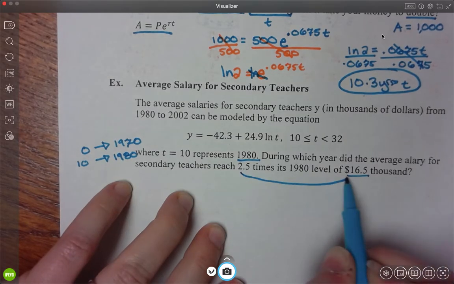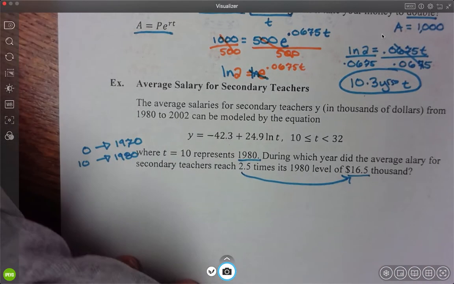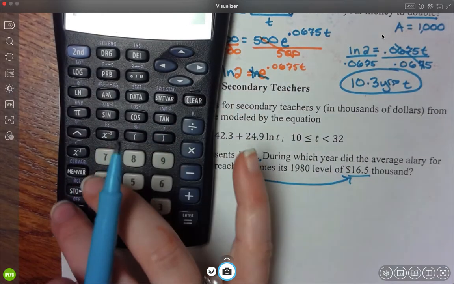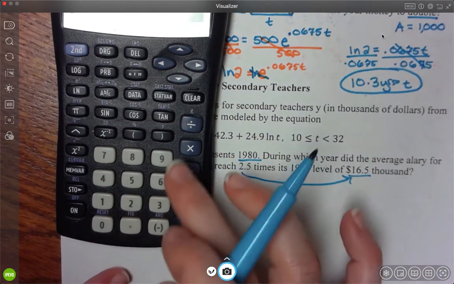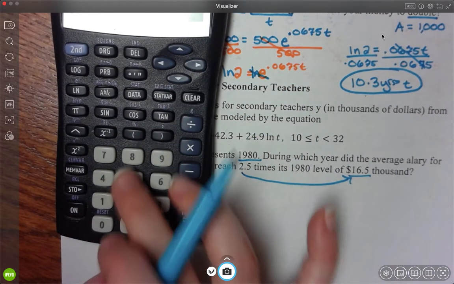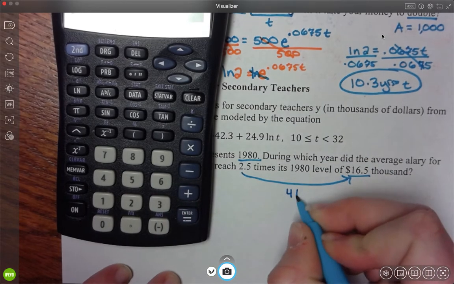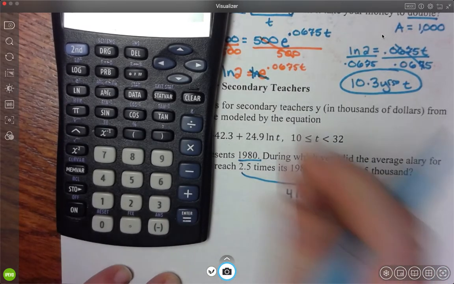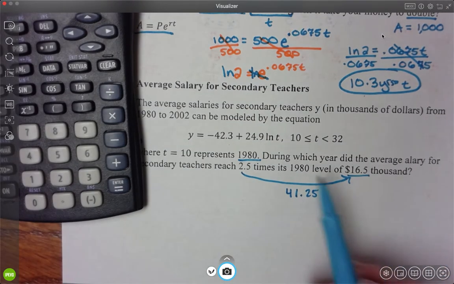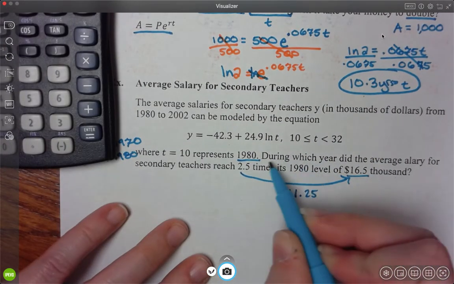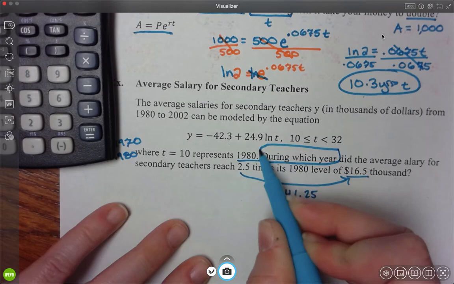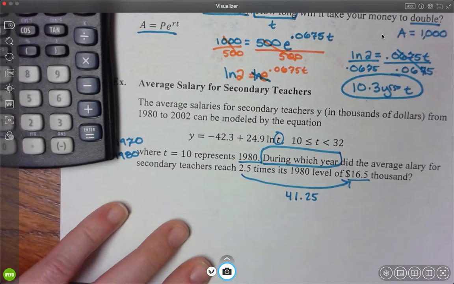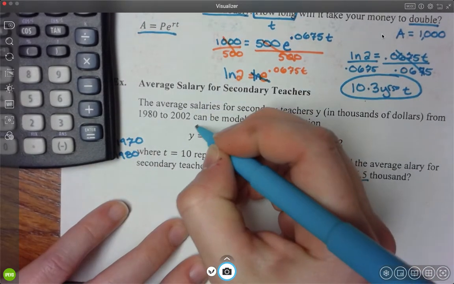Let's just take 2.5 times that amount and see what we get. 2.5 times 16.5. They want to know when it reached 41.25 thousand. They want to know when, during which year. That's what we're solving for, which means we're solving for t. So then I have to have something to plug in for y, and that's going to be the 41.25 that we just found.